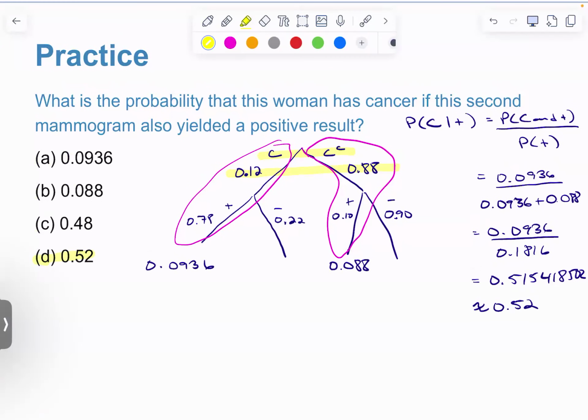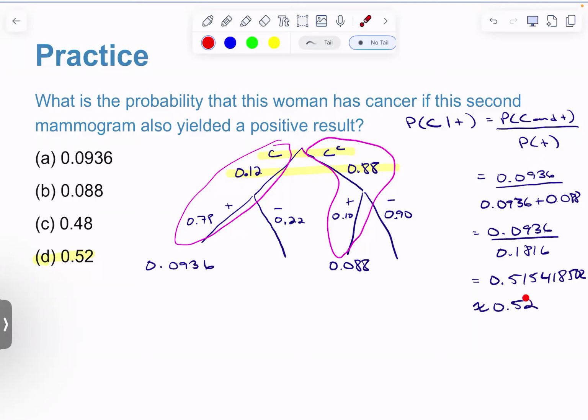Which means the probability that she has cancer after a second positive test, in my opinion, is still only 52%. So should you do a third test? Probably, just to make sure. Because what would you do?